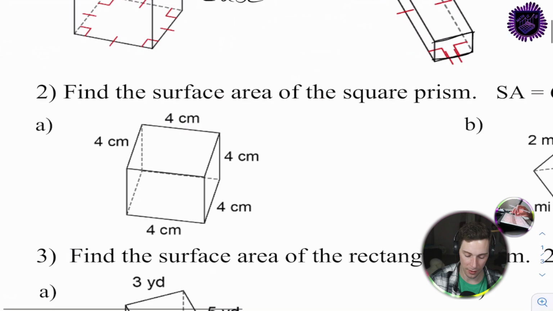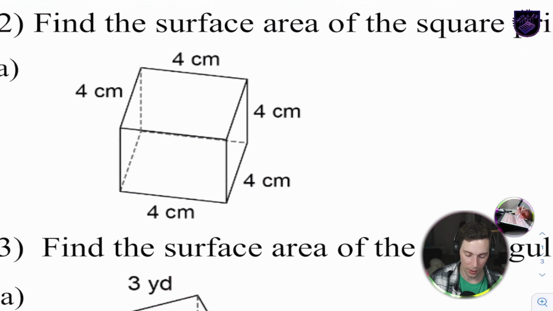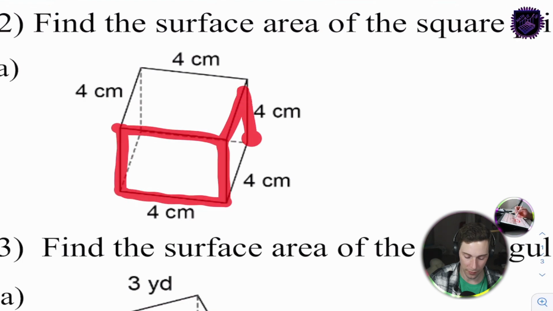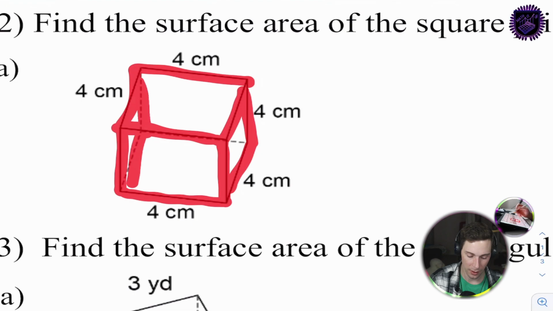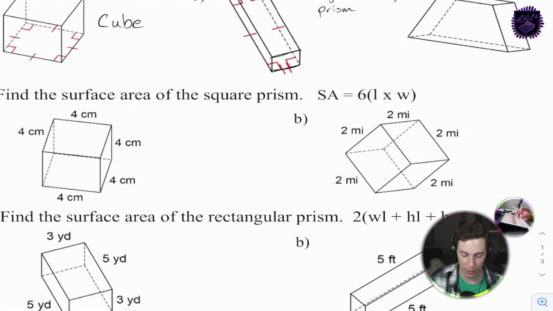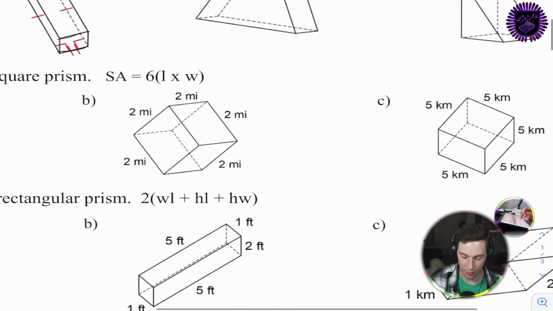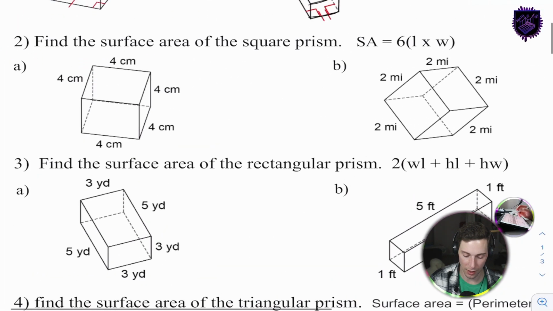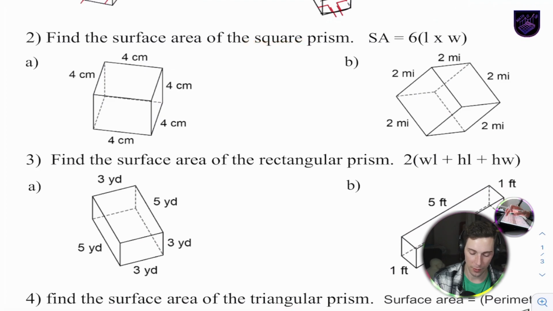It says find the surface area. What that means is the area of this square and the area of that square and the area of this square and the area of this square, because this is a square prism. It's actually a cube. These are all cubes. Maybe I'll change that on my worksheet before I send it out.